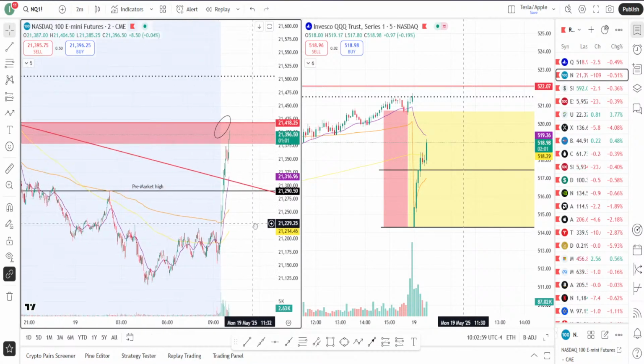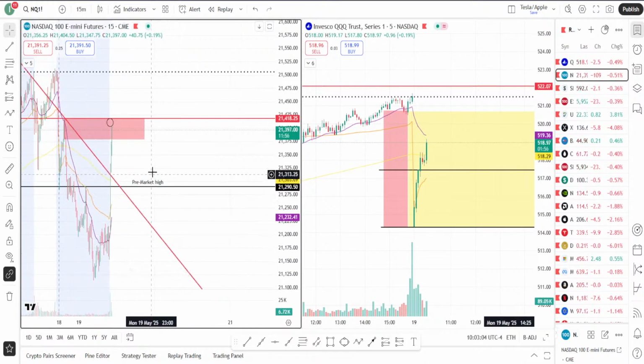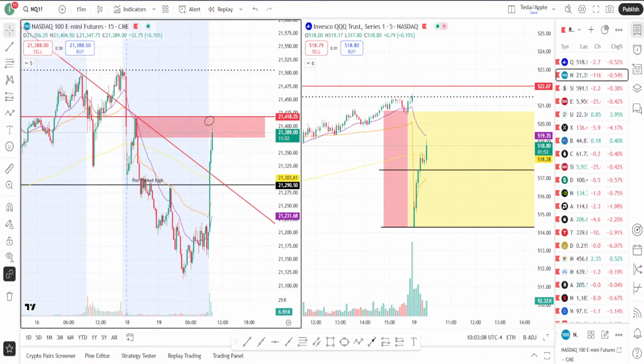So it's coming down pretty hard. It's rejecting off the highs, the overnight highs here.